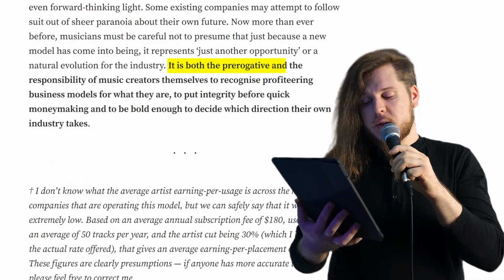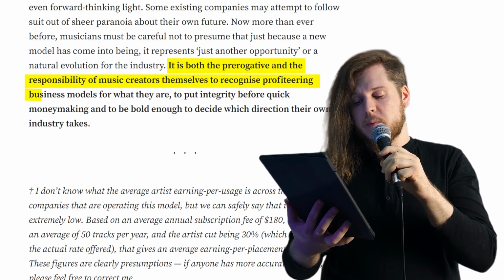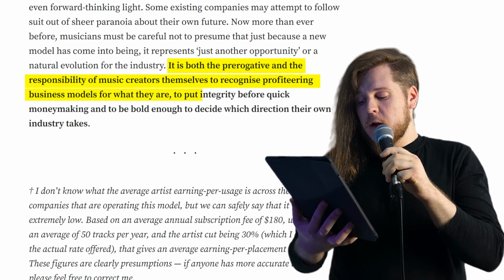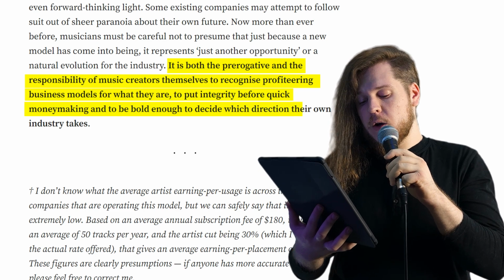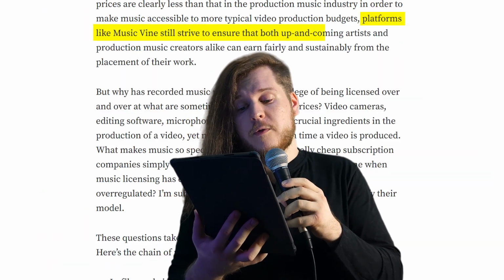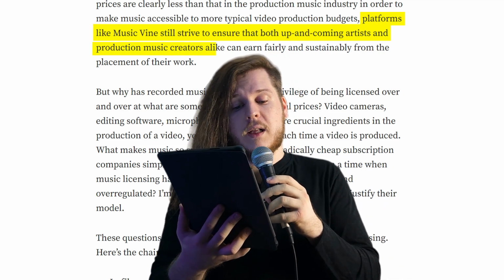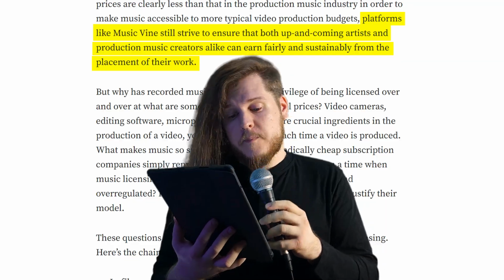It is both a prerogative and the responsibility of music creators themselves to recognize profiteering business models for what they are, to put integrity before quick money making, and to be bold enough to decide which direction their own industry takes. Platforms like MusicVine still strive to ensure that both up-and-coming artists and production music creators alike can earn fairly and sustainably from the placement of their work.